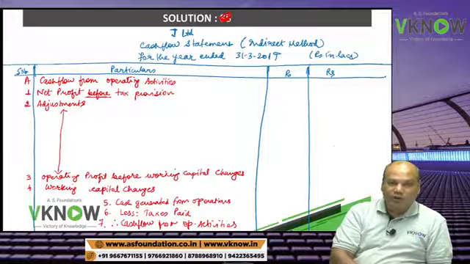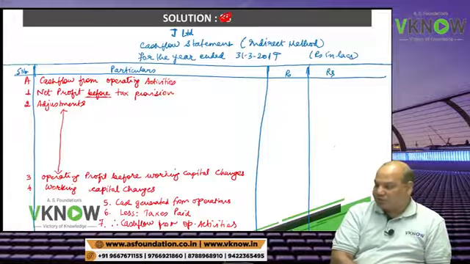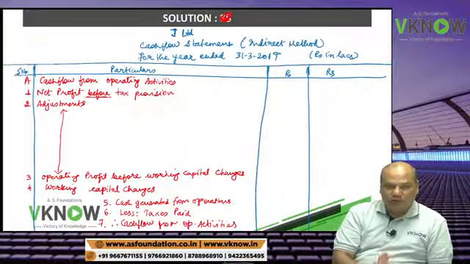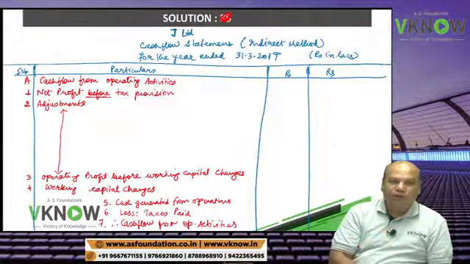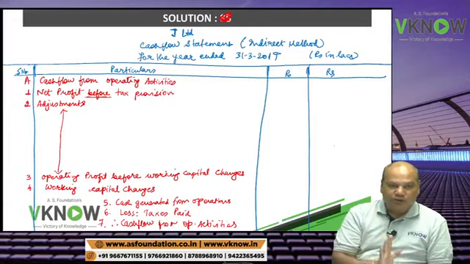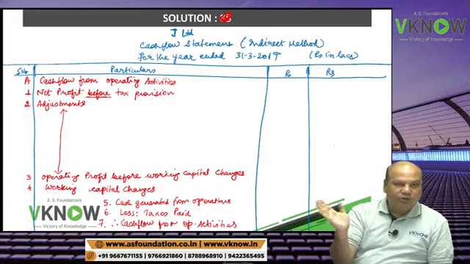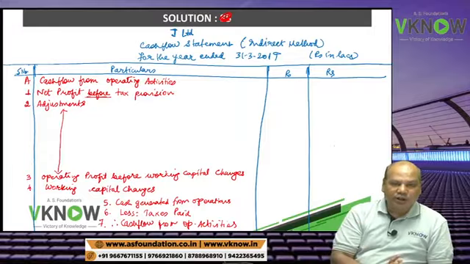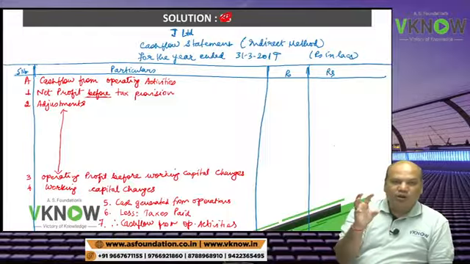This is only the first activity. Indirect method takes extra time because of this presentation. So I will just revise. Next time you will have to draw the format yourself. Cash flow from operating activity: under that first will be net profit. If it is given before taxation, take before taxation. If it is given after taxation, take after taxation. Point number 2, adjustments. Here you have to make a judgment how many lines will be required.